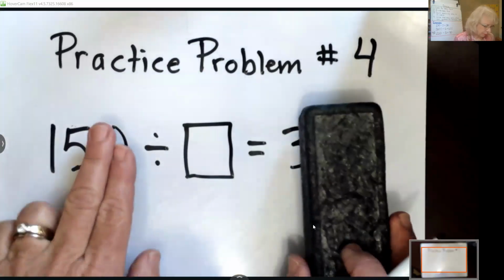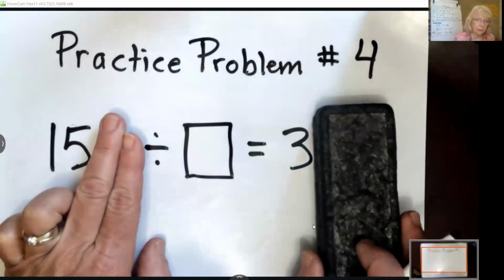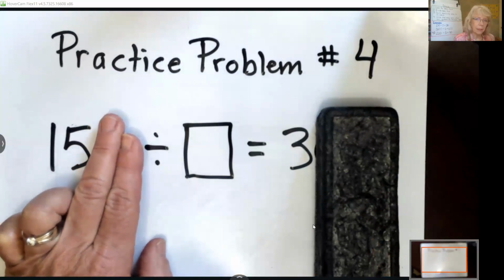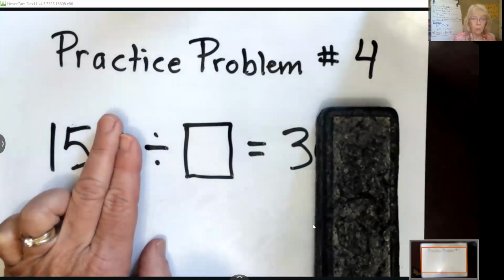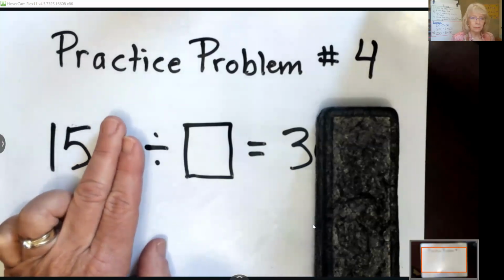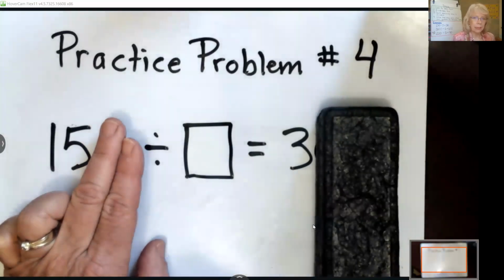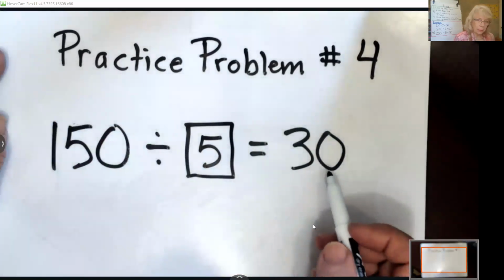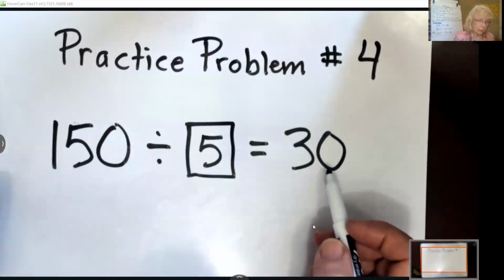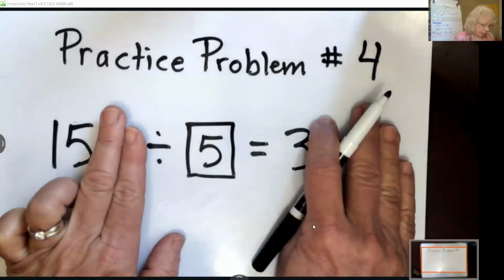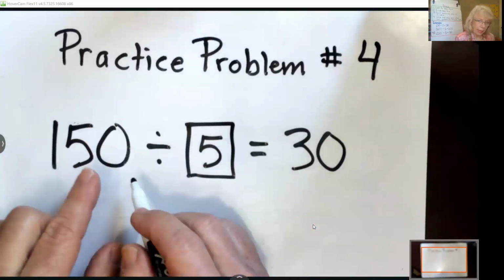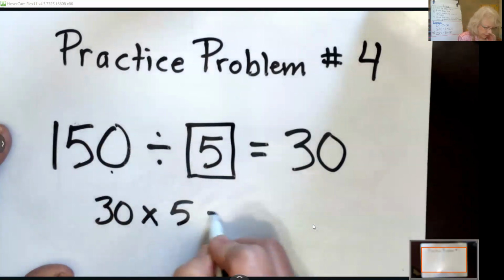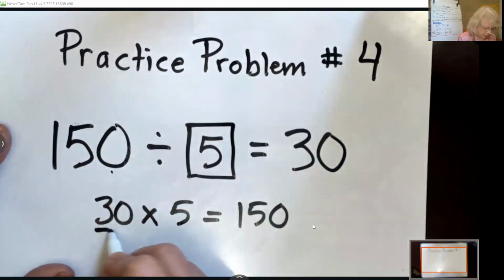So we're going to cover up our 0 here and our 0 here and see if we can see that basic fact, which now looks like 15 divided by what equals 3, or 3 times what equals 15, and now it might come to us that that is 5. So if we do this the way we were doing them before, we would see that 15 divided by 5, you would put the 3, add the 1 0. You can check it with 30 times 5 equals 150.